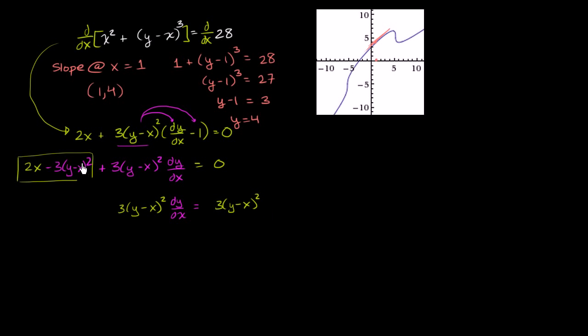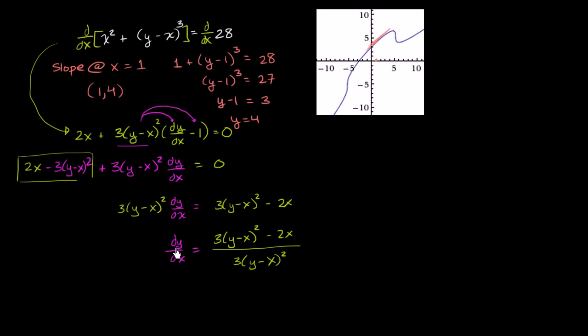So we're adding this to both sides and we're subtracting this from both sides. Minus 2x. And then to solve for dy/dx, we've done this multiple times already. The derivative of y with respect to x is going to be equal to 3 times (y minus x) squared minus 2x, all of that over this stuff, 3 times (y minus x) squared. And we could leave it just like that for now.